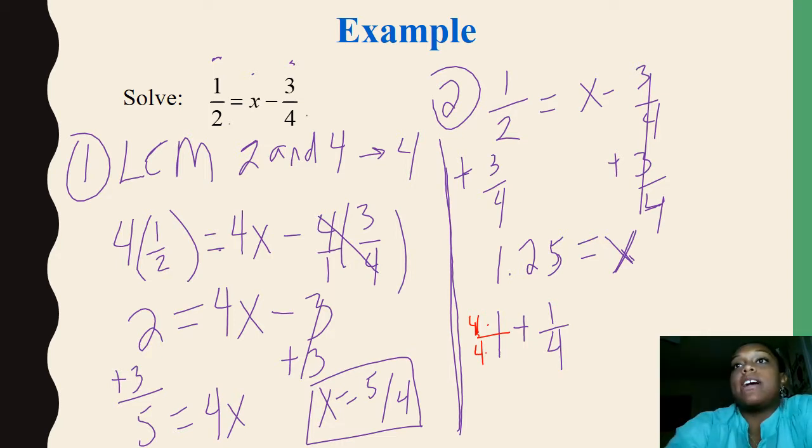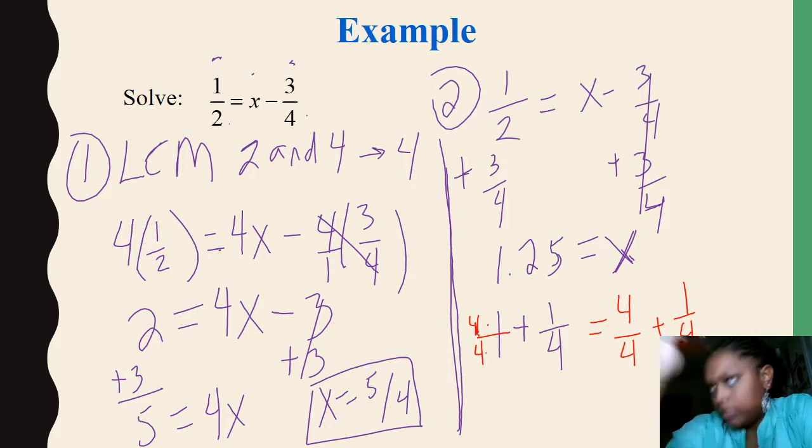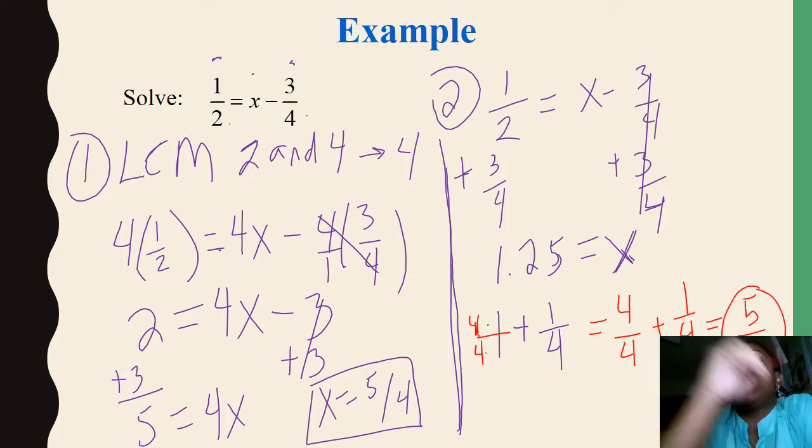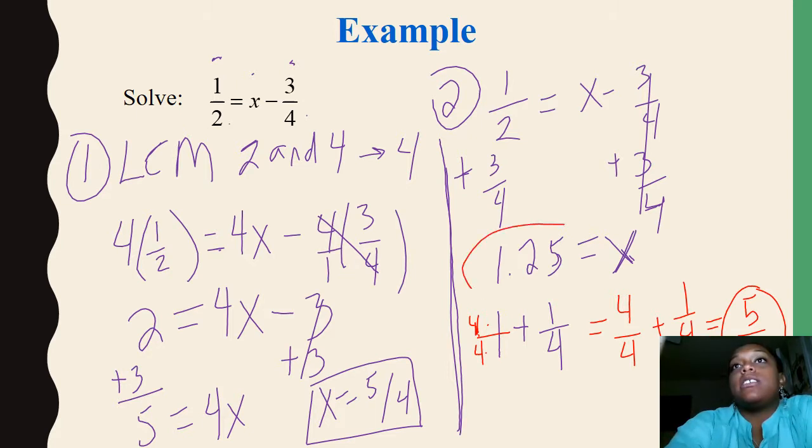So that gives me now 4 over 4 plus 1 over 4, which equals 5 over 4. Okay, so therefore this is equivalent to that. So 1 25/100 is equivalent to 5/4.